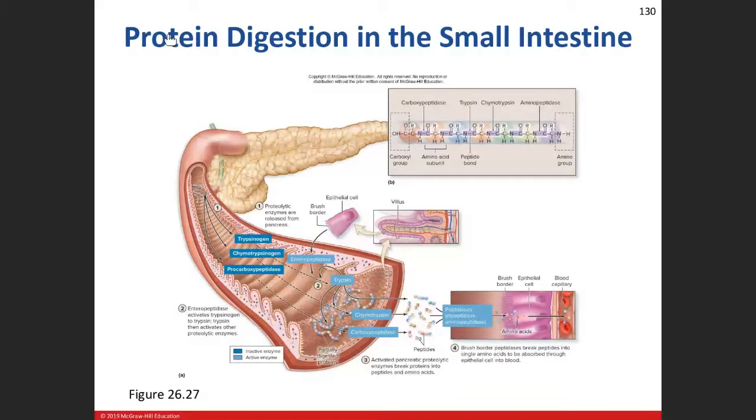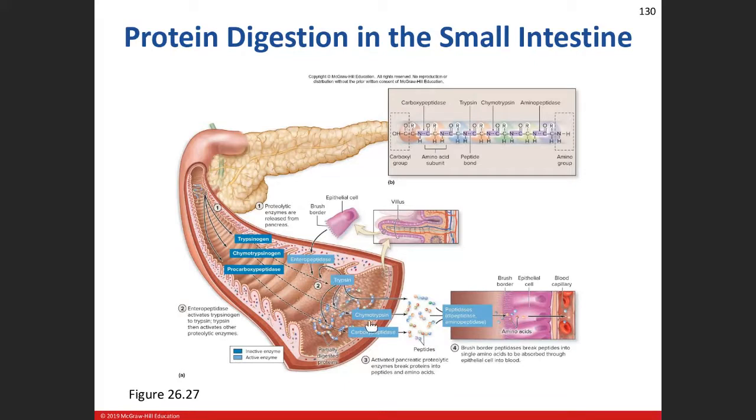So that's what this picture here is showing us. Here we're getting our denatured protein into the duodenum. The pancreas releases the inactivated proteases that get activated through enteropeptidase, which is here in the small intestine, and converts trypsinogen into trypsin, which will then auto-activate other trypsinogens into trypsin.